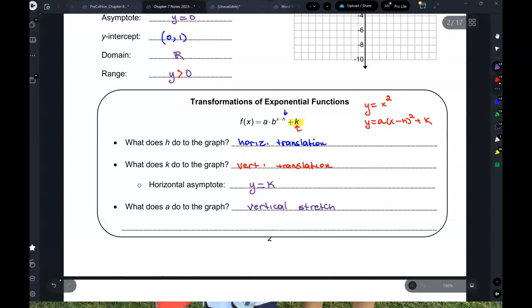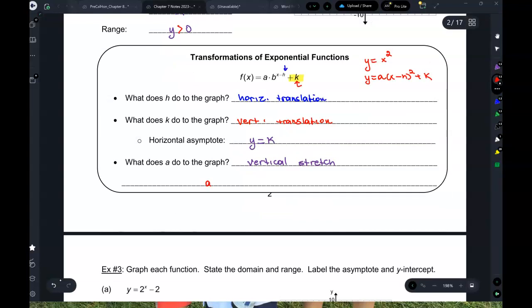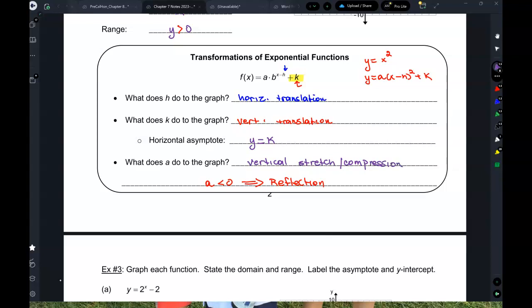But more importantly, if A is less than 0, what does that do? Reflection. So it's vertical stretch or compression. Okay. If A is greater than 1, it's a stretch.